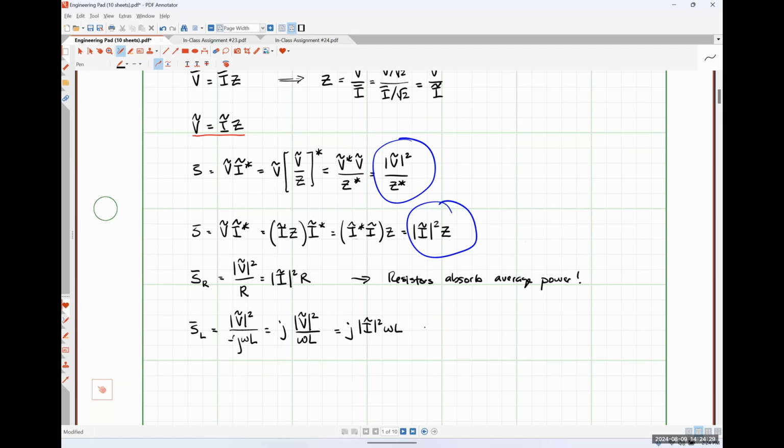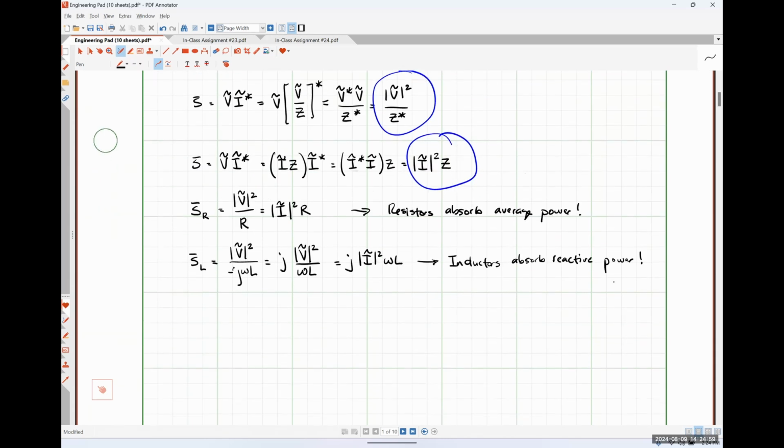So the complex power absorbed by an inductor is really just reactive power, and it's always positive. So we could say that inductors absorb reactive power. So that's what they do in a steady state sinusoidal system.